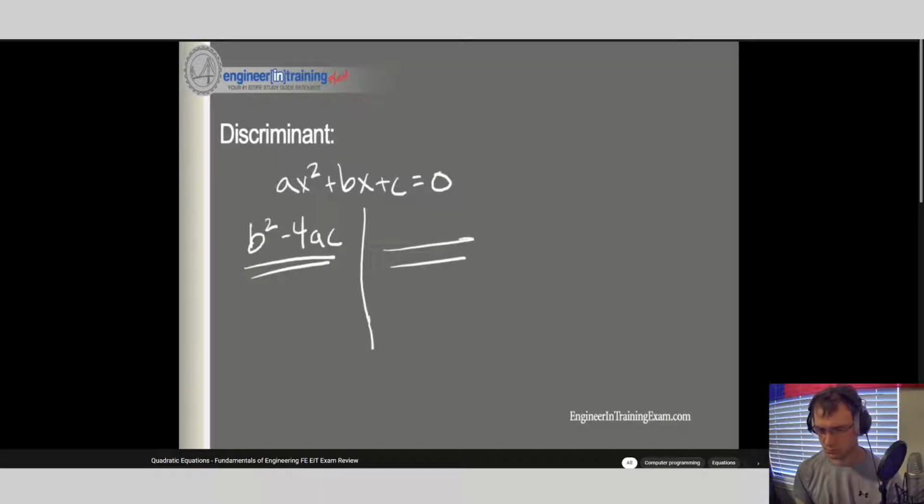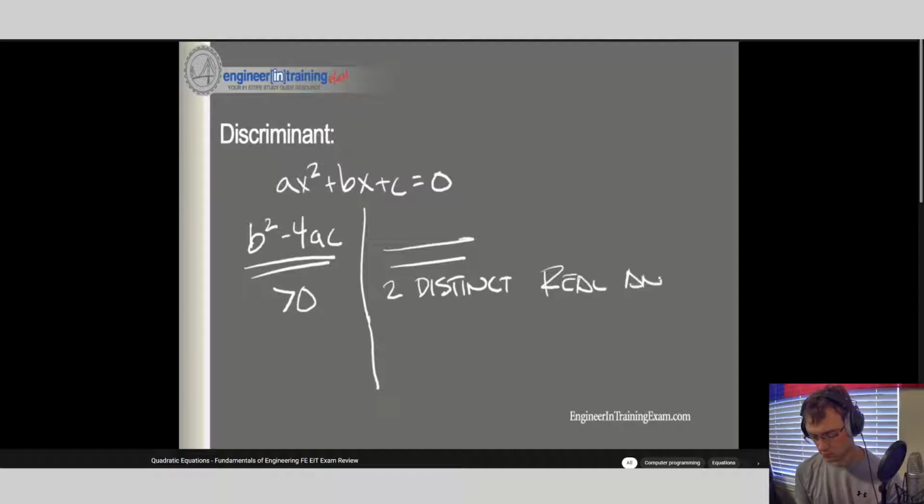Say we define our discriminant, and that discriminant is less than 0. If it's less than 0, then there are going to be two distinct real number answers, solutions to that quadratic equation. If that discriminant is equal to 0, then there's going to be one real number solution.